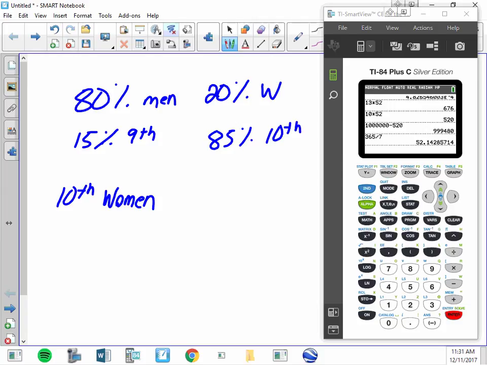So if all of these guys are 10th graders, then how many have to be women? 5%. So the smallest number of 10th grade women would be 5%. If all the men were 10th graders, then 5% would be women. Okay? The percentage can be as large as 20.